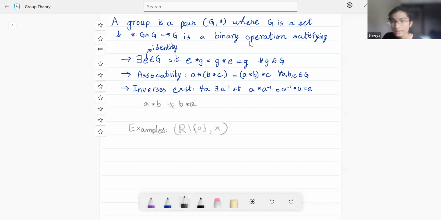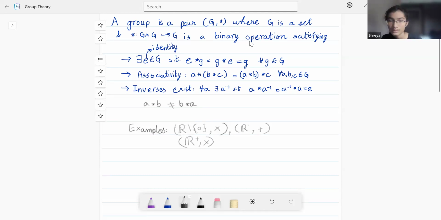Then you have associativity, that's just true. And inverses exist because you can divide by anything except 0. And then we also have real numbers under addition. In fact, we don't need this over here. We can do it over R plus also.